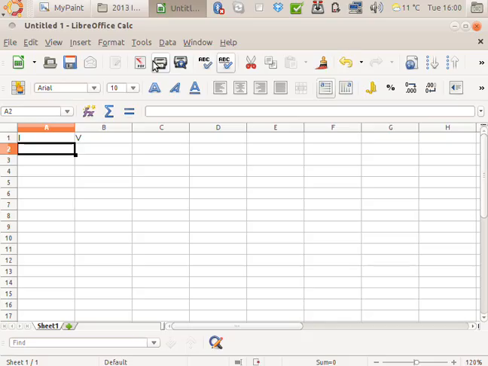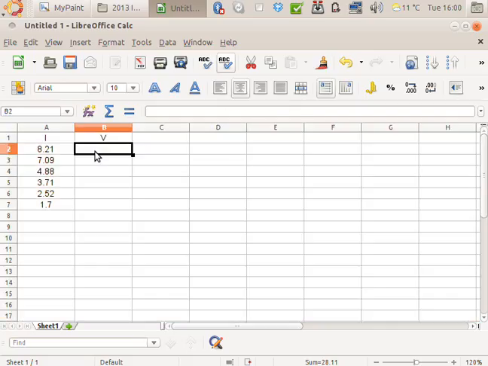Okay: 8.21, 7.09, 4.88, 3.71, 2.52, 1.70. And then the V: 0.33, 0.710, 1.46, 1.86, 2.26, 2.43, 2.54.